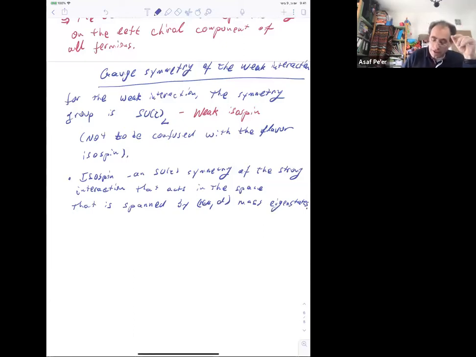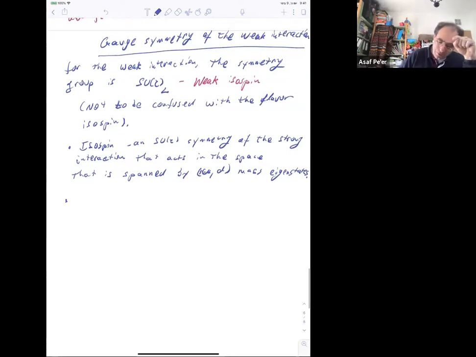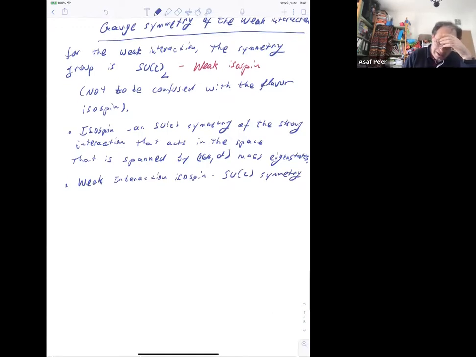Now the weak isospin is also an SU(2) symmetry, but it acts on the space that is spanned by the u and d prime eigenstates in the weak interaction basis. Weak interaction SU(2) symmetry that acts on the space that is spanned by u_L and d'_L eigenstates in the weak interaction basis.